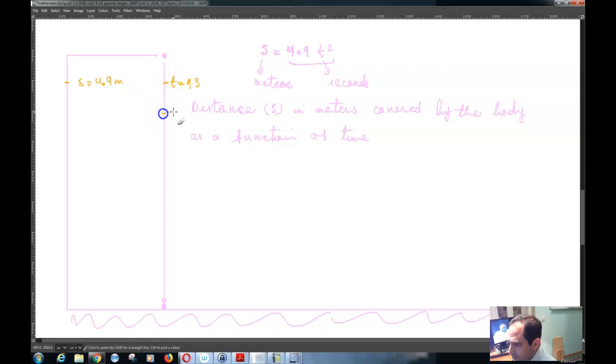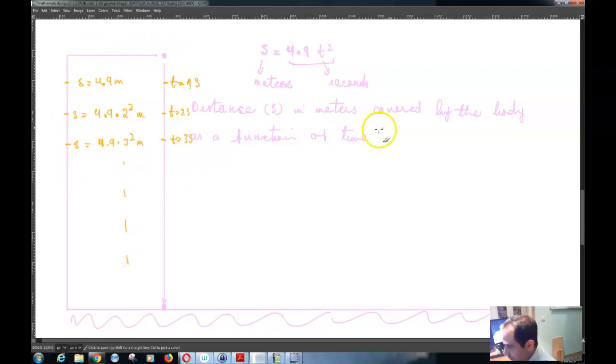If t is equal to 2 seconds, then s is going to be equal to 4.9 times 2 square meters. If t is equal to, for example, 3 seconds, then s is going to be equal to 4.9 times 3 square meters, and so on and so forth.